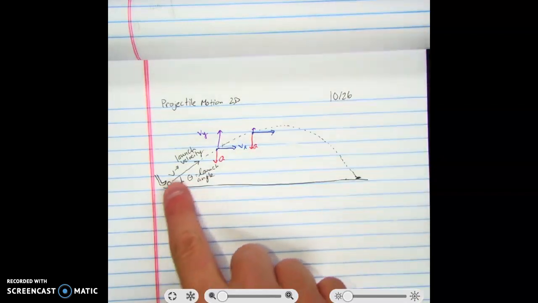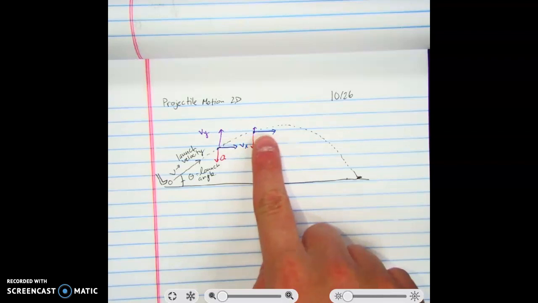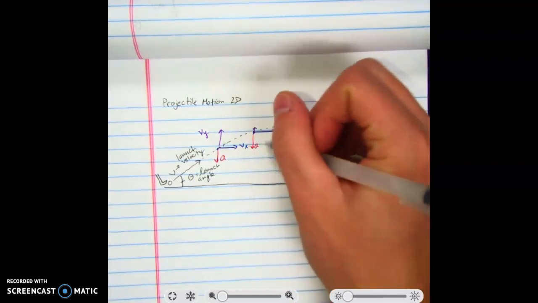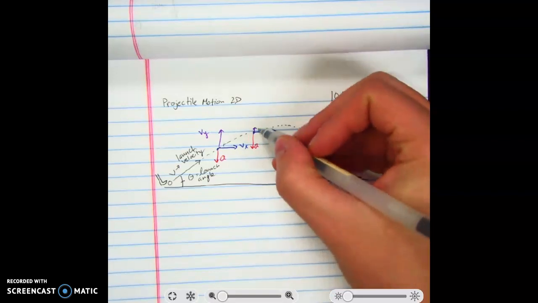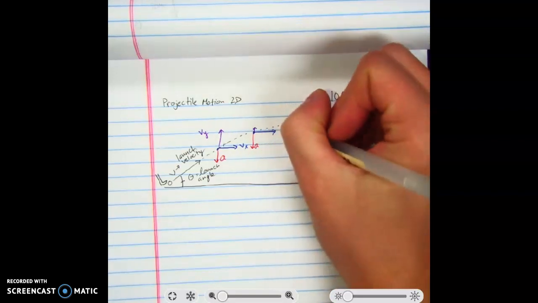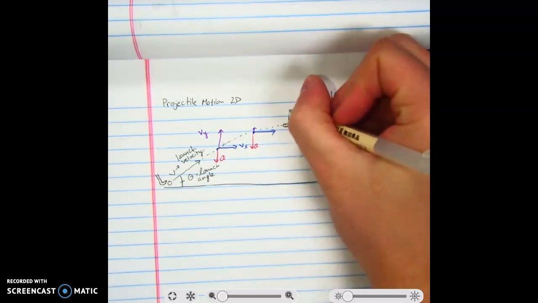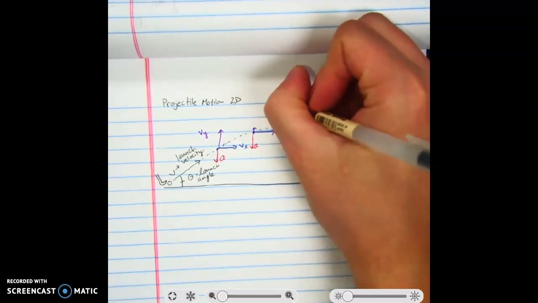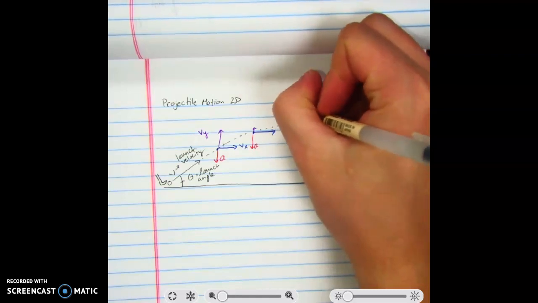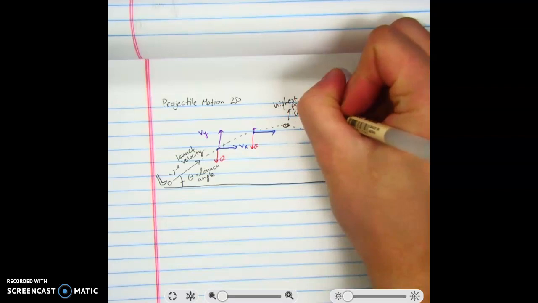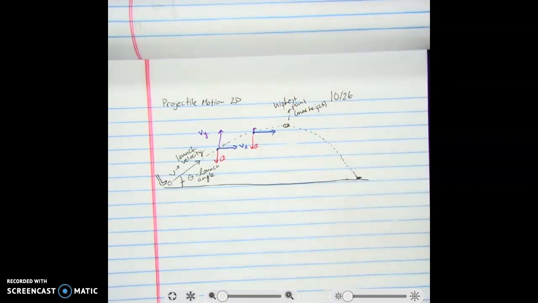Because as this object goes up and up, eventually acceleration overcomes your velocity, and we reach, let's say right here, the highest point. Sometimes referred to as the max height.